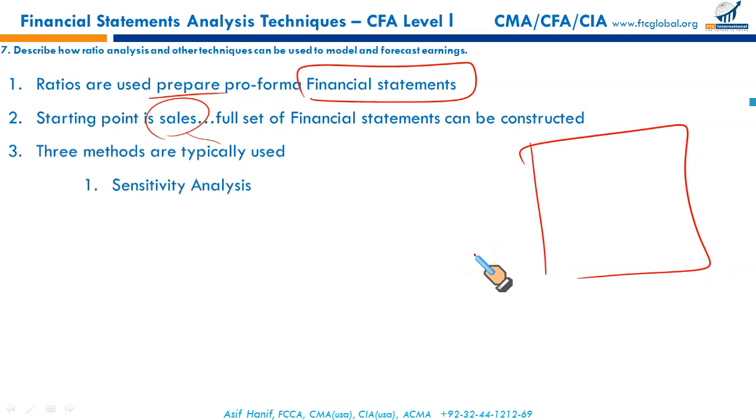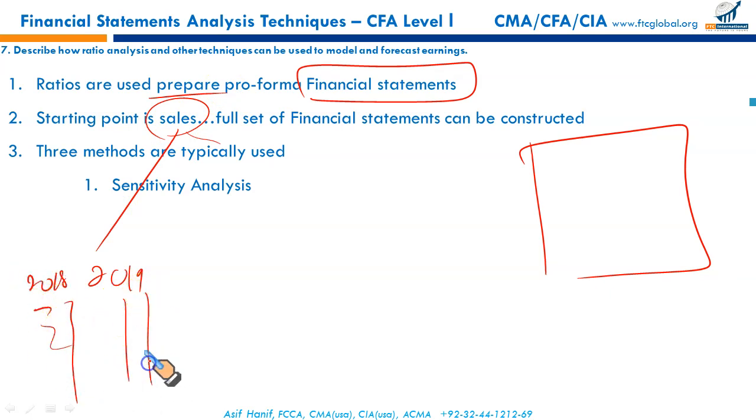And these financial statements then will help us assess the company's profitability, solvency, liquidity in the future, taking sales as a base. We will take last year's data, let's say we have 2019 and 2018. We can calculate the percentages, convert them into common size.